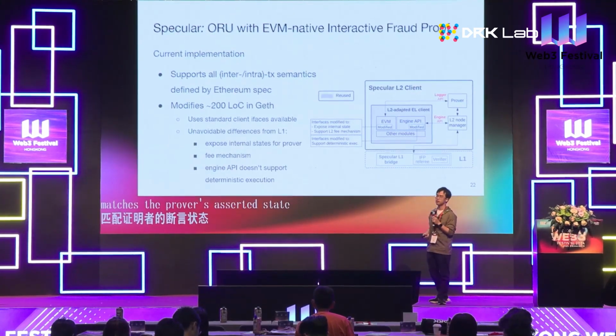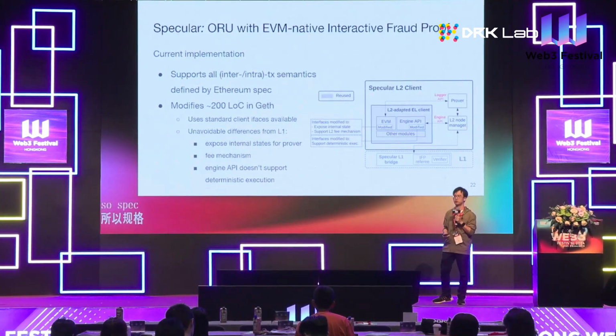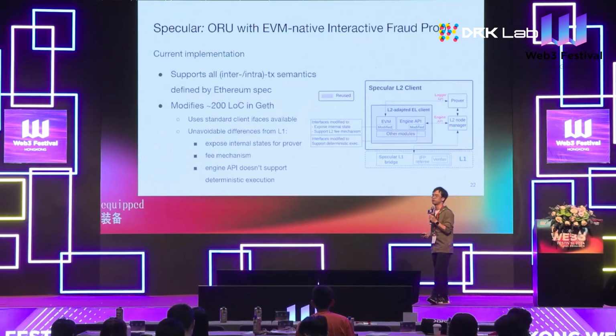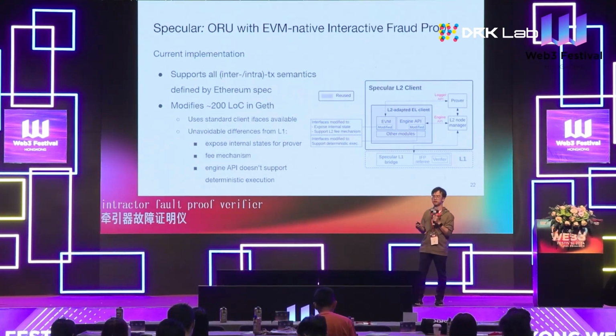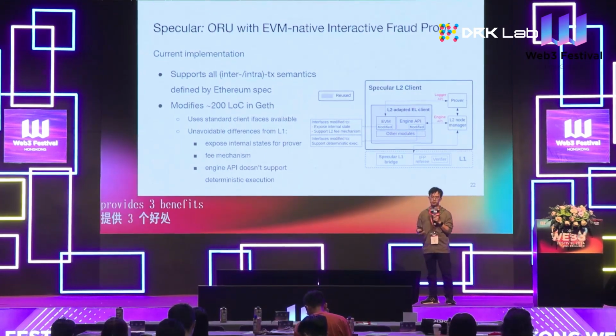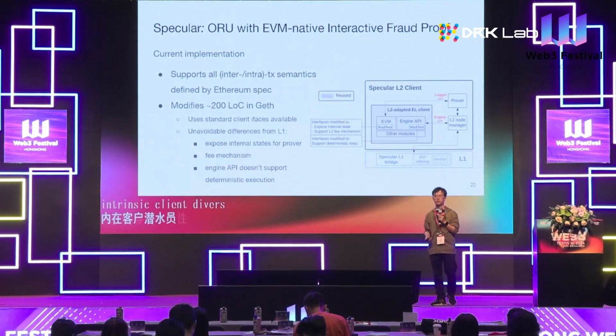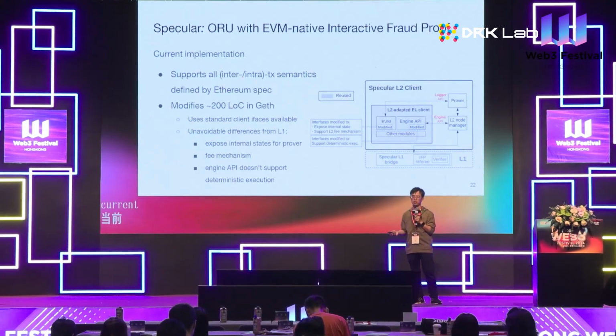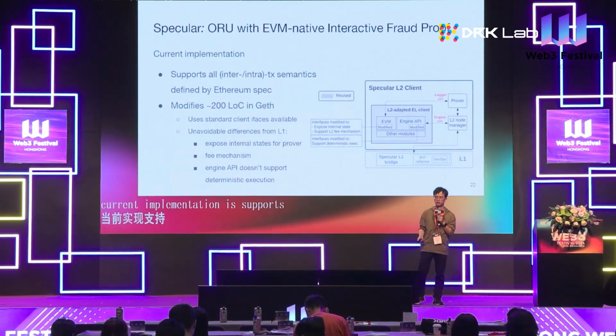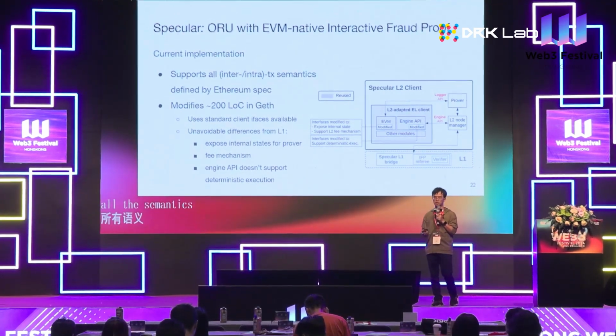So Specular is an optimistic rollup equipped with this EVM-native interactive fraud-proof verifier, which provides three benefits: intrinsic client diversity, a minimal TCB, and infrequent on-chain upgrades. In the current implementation, it supports all the semantics defined by the Ethereum spec and only modifies the client minimally.